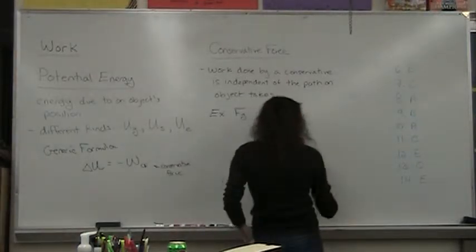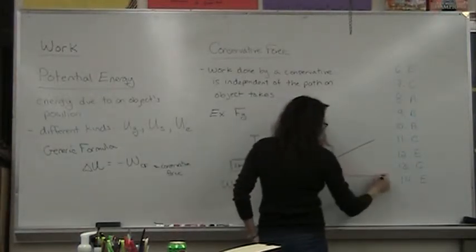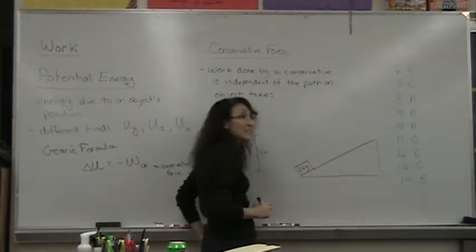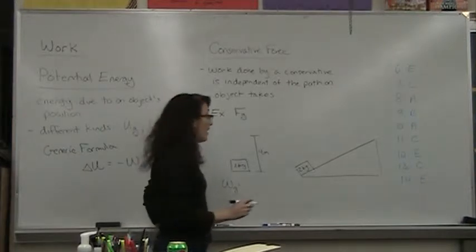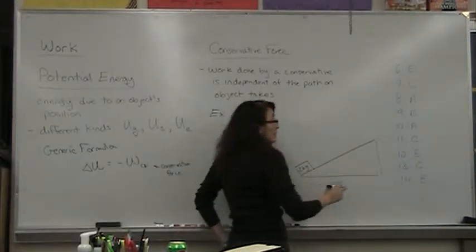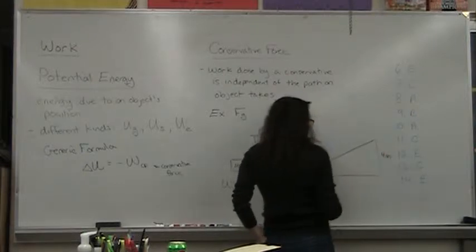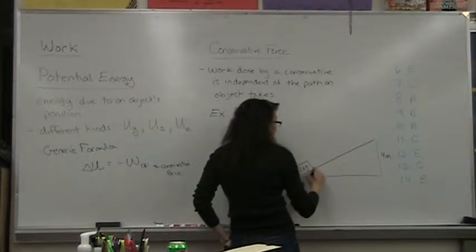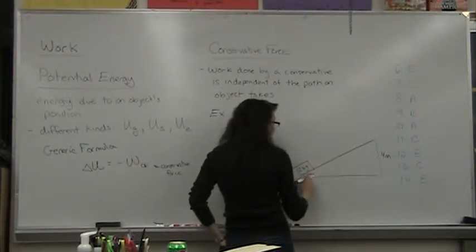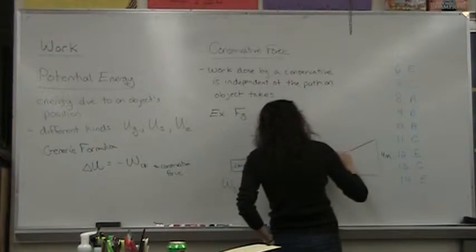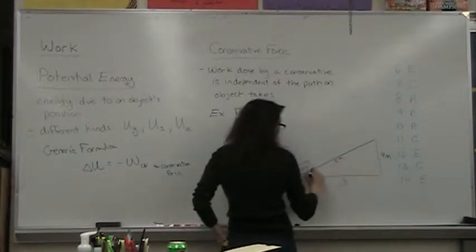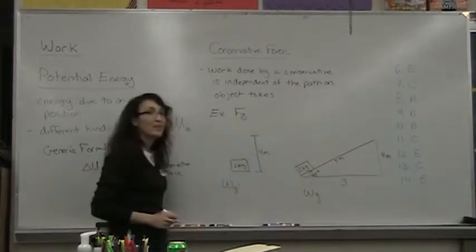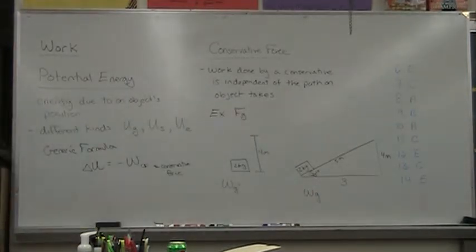The other half of the room, you're going to have the harder problem, I'm sorry. We're going to take that same 2 kilogram mass, and we're going to push it up the hill, again, making it end up at 4 meters high, and we'll do a 3, 4, 5 triangle, so this is 5 meters along here. So that's about 53 degrees. I want you to figure out the work done by gravity for that one. So in both cases, figure out the work done by gravity.